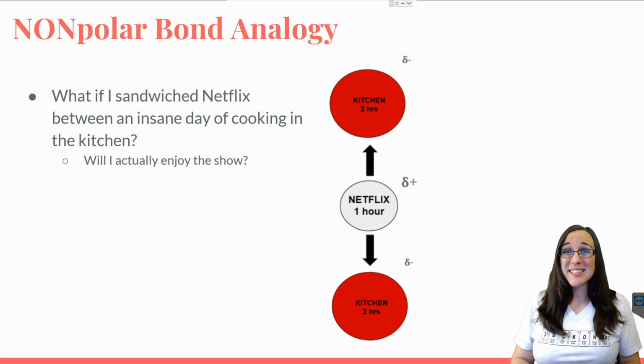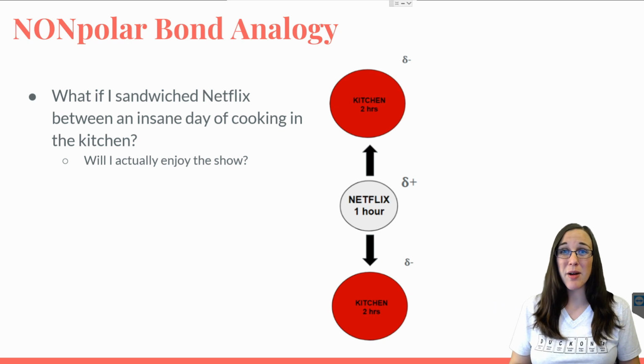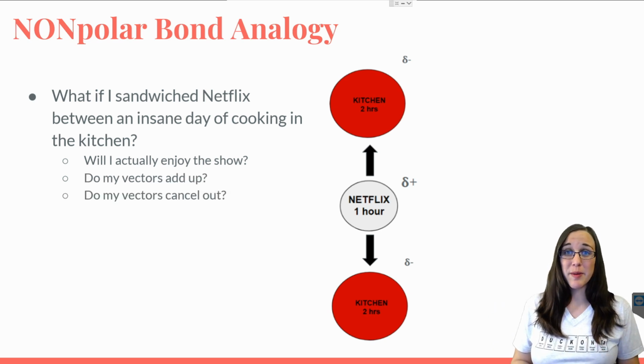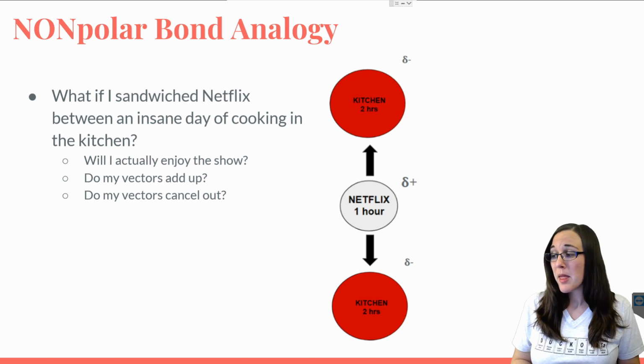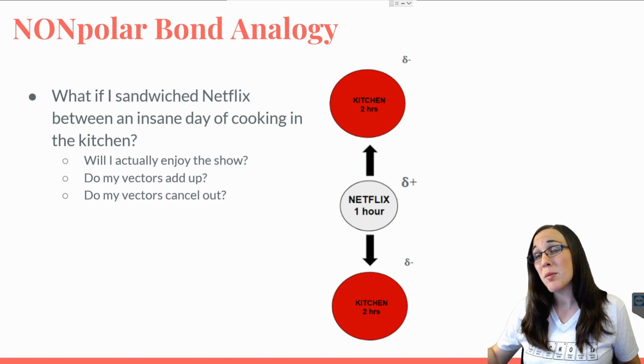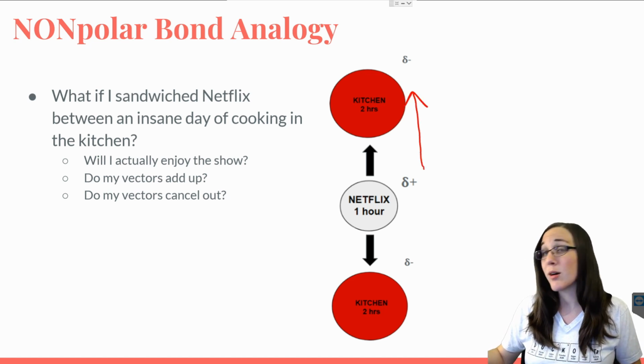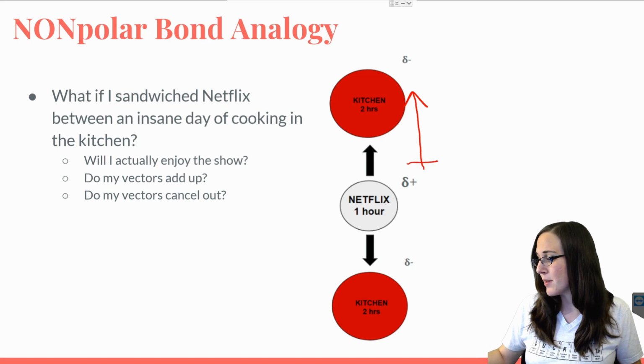So in this case, my time is being tugged in opposite directions. From an electron's perspective, I'm being pulled in opposite directions with the same force, just like the vectors we talked about earlier. What I'd like you to envision is the more electronegative atom being the kitchen in this case. So I'm going to point my dipole arrow towards the kitchen and add a plus on the butt.